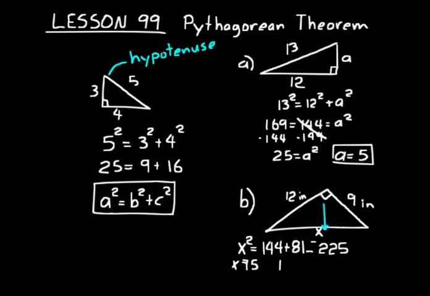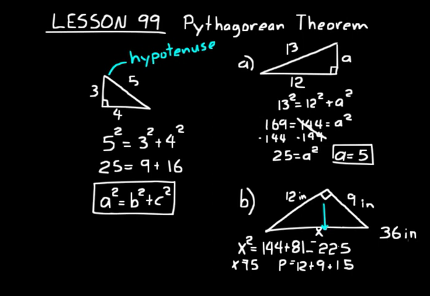We can just say P for perimeter is equal to 12 plus 9 plus 15. Add those together. 12 and 9 would be 21, plus 15 would be 36 inches.